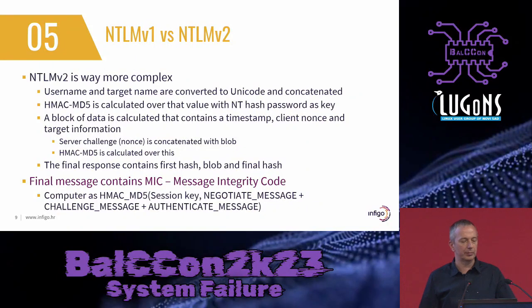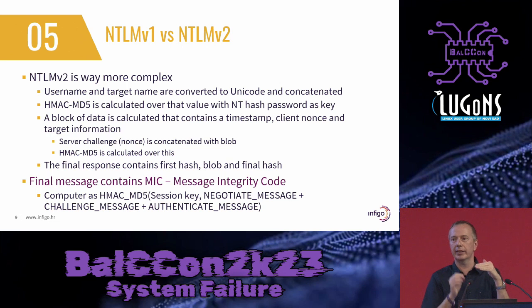So again, the biggest problem here is that even though the NTLM protocol, if I go all the way back over here, see the bottom bullet over here, even though the NTLM protocol contains message integrity code, which means that an attacker cannot modify NTLM packets. They are protected with integrity.